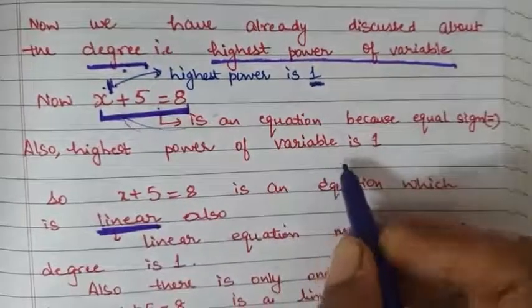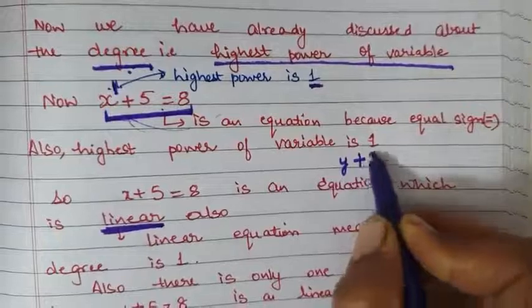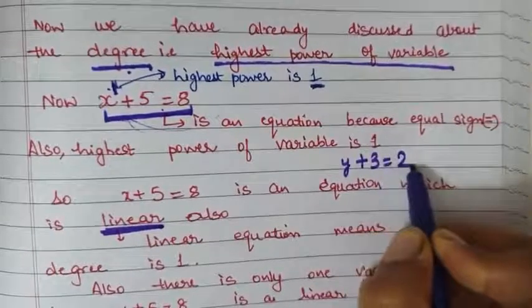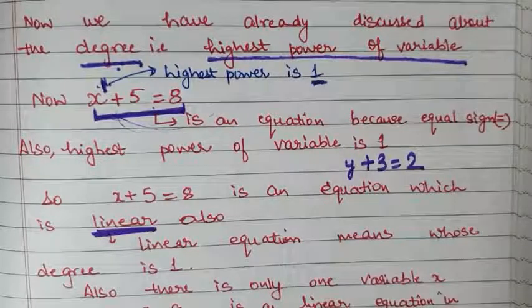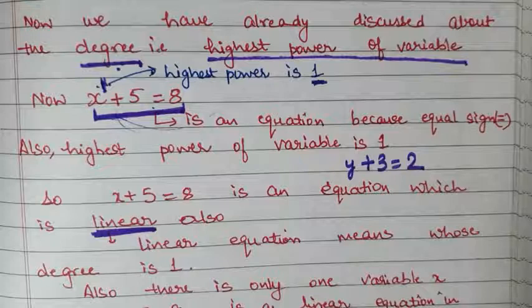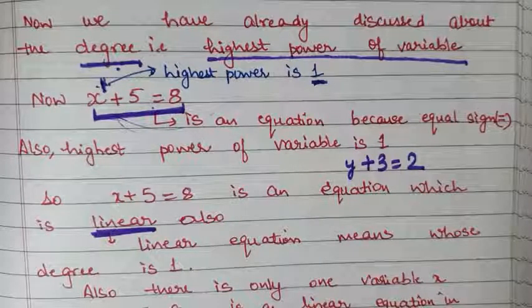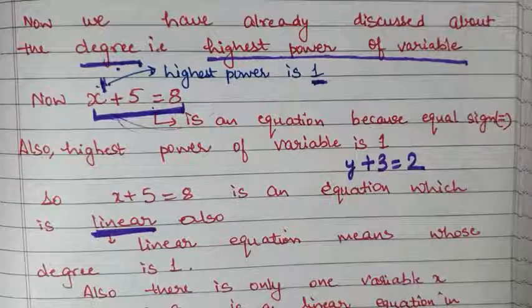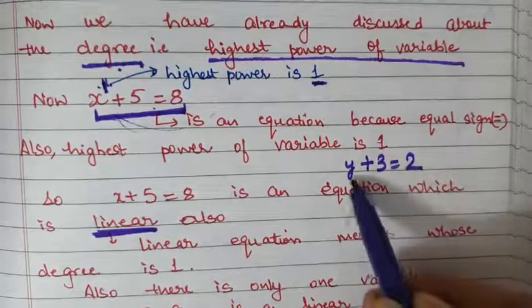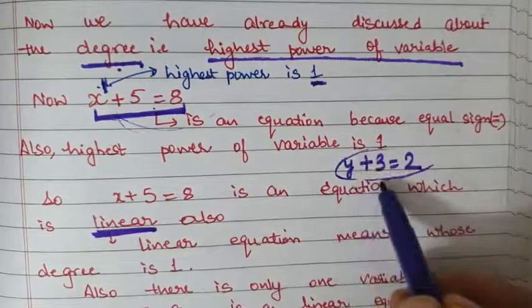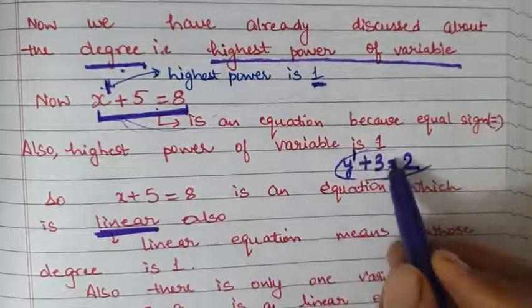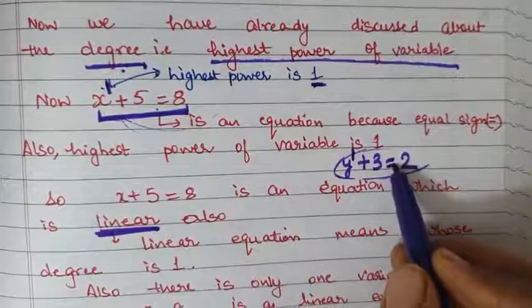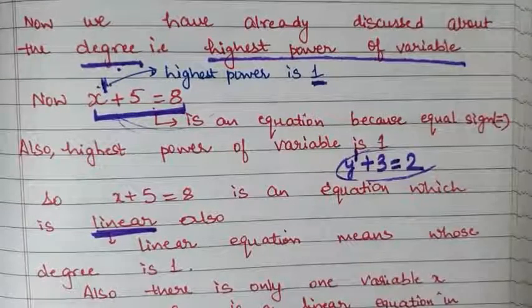For example, I am writing y plus 3 equals to 2. So, what will be the value of y? Yes, the value of y will be -1. This is a linear equation because the degree is 1, and an equation because there is an equals to sign.